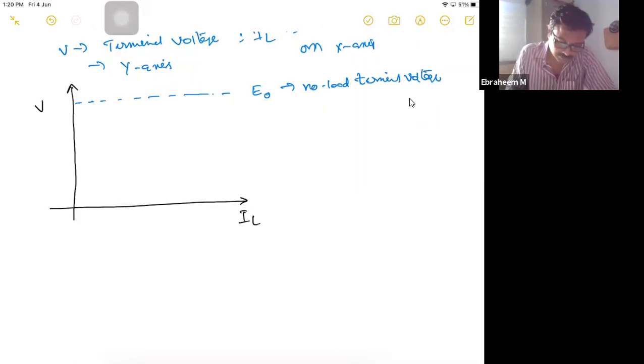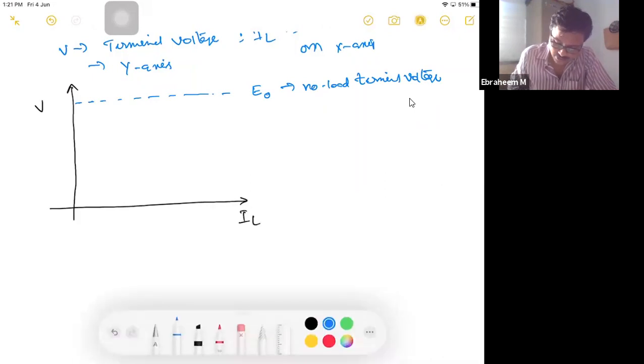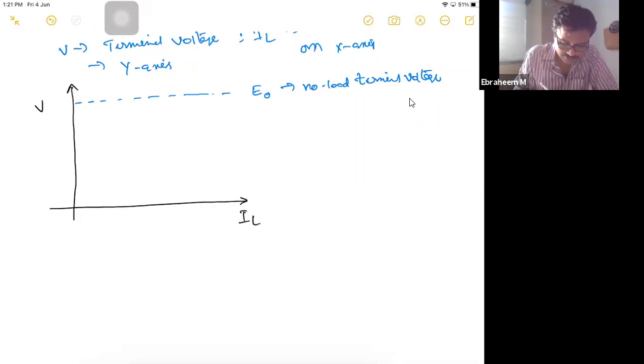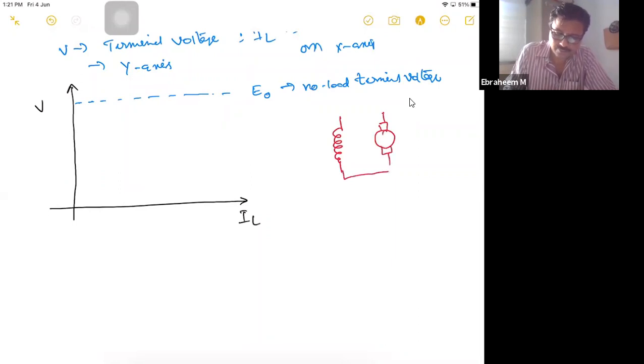When the load current increases, see initially, obviously with zero load, the characteristic must start at the rated voltage. That means we apply the load on the machine after rotating it at a constant speed to its rated value.